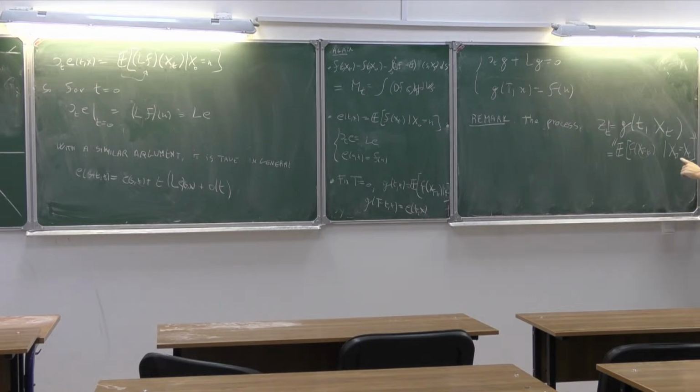So it's better written like this: Y is a process that evolves like X. This is the expected value, because g doesn't depend on who X is, it depends only on the law of X. But now I build a function of omega.